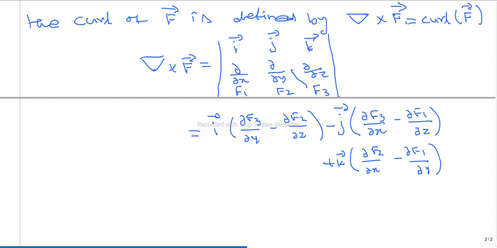So this is the curl of a vector point function f.